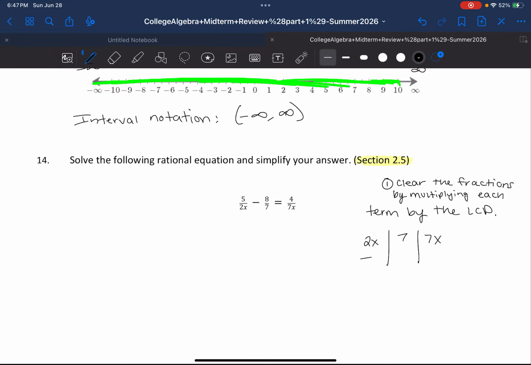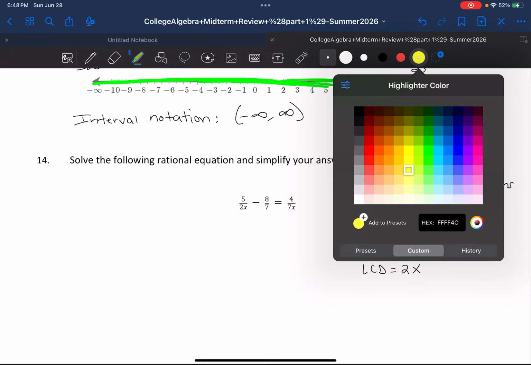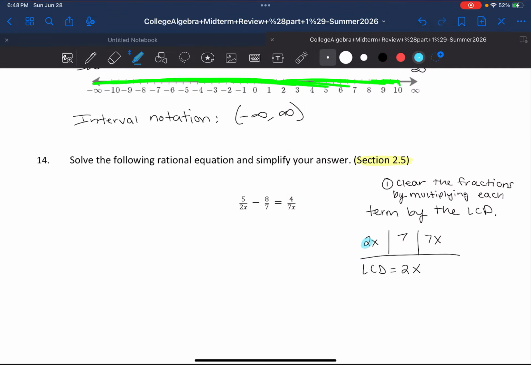And what you're going to do, you're going to look at these three and you're going to write down all the factors in the first denominator, which is 2 and x. So that came from the first denominator. And then you're going to go to the next denominator, and that's 7. So I don't have 7 at all yet, so that will be multiplied by 7. I'm going to include the 7 as well.